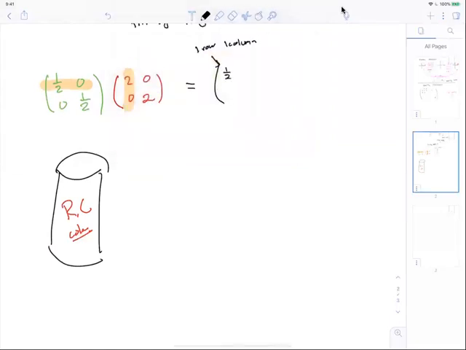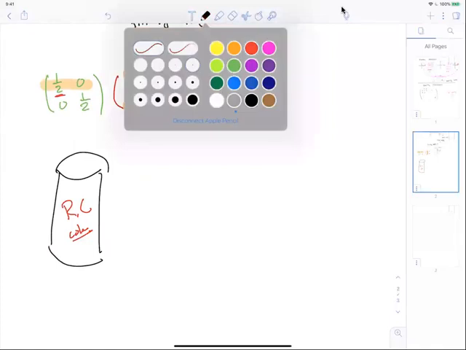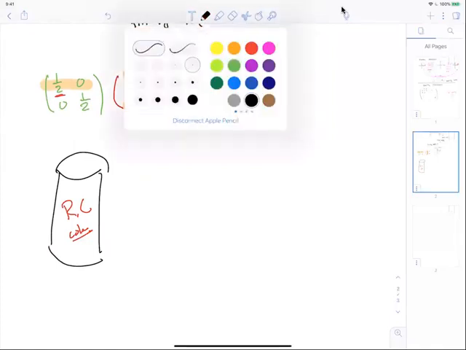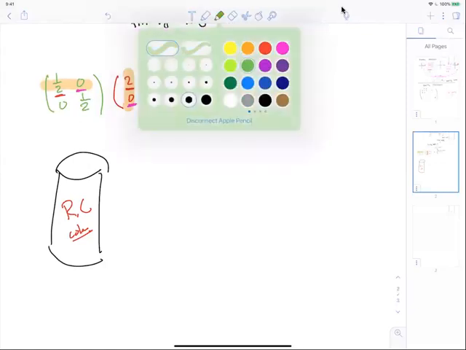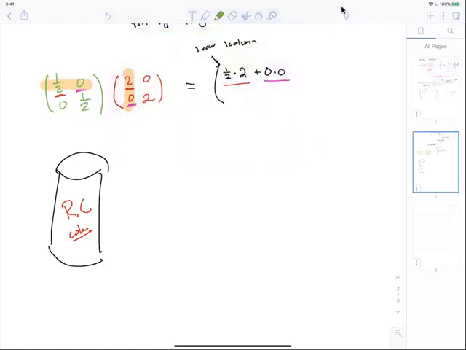So this is going to be 1/2 times 2. So again, that's 1/2 times 2 plus 0 times 0. And then to do the next one, we're going to do the first column times the second row to get this entry.